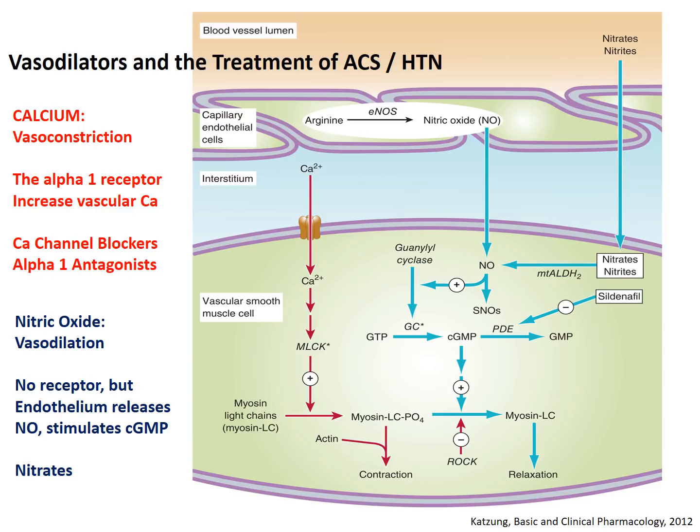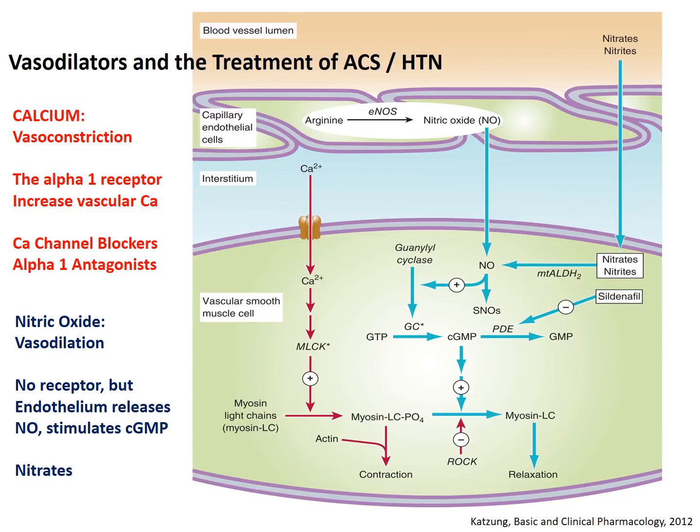That will inhibit contraction, therefore we get less vasoconstriction, more vasodilation. We can use alpha-1 receptor blockers like terazosin and prazosin, that works too. So calcium channel blockers and alpha-1 antagonists are one way to get to vasodilation.